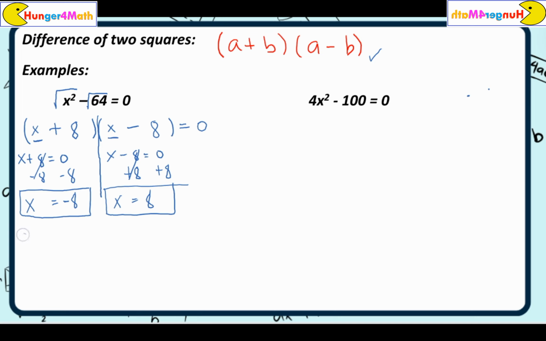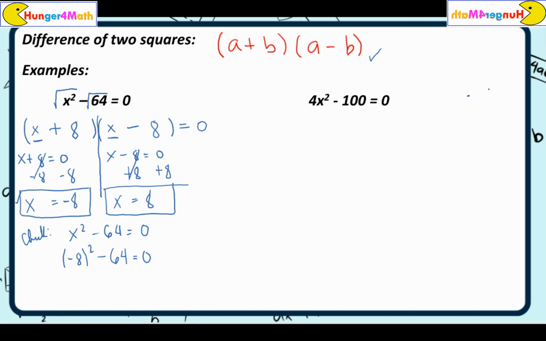Now for checking, we write the equation x squared minus 64 is equal to 0. Then let's try the first value of x, which is negative 8, and substitute it into the equation. That will turn into negative 8 squared minus 64 is equal to 0.